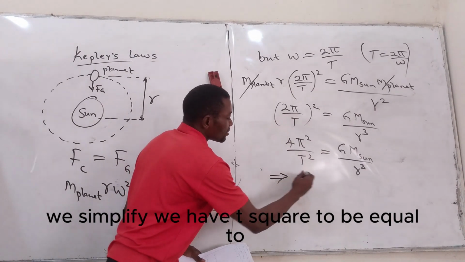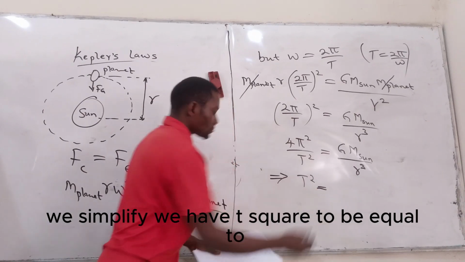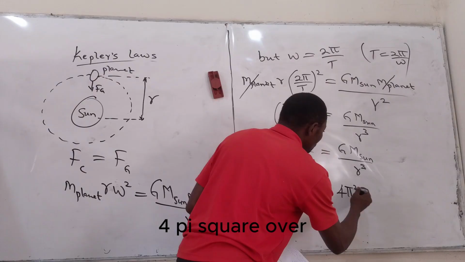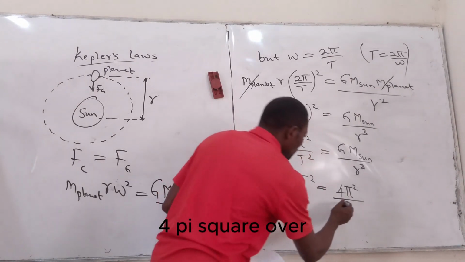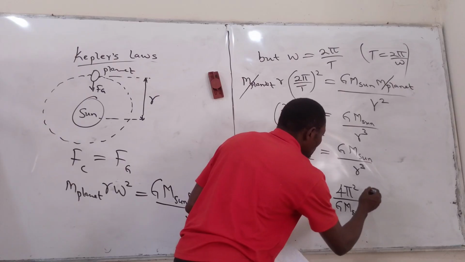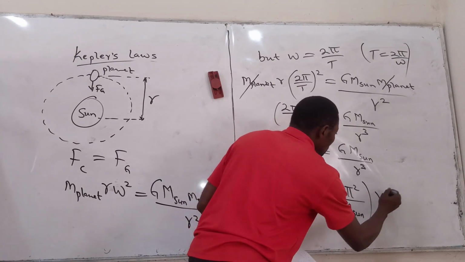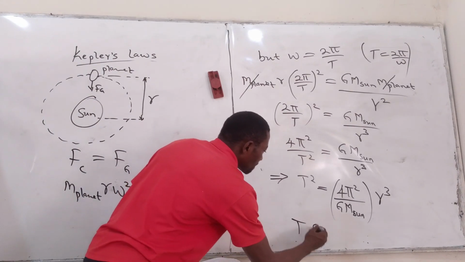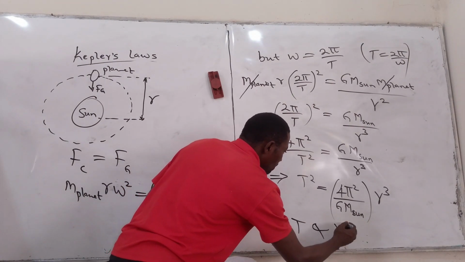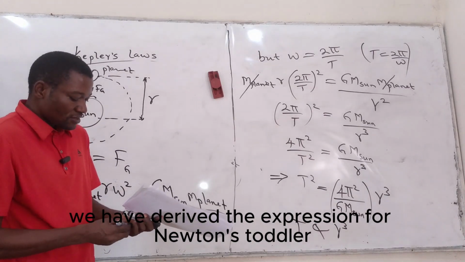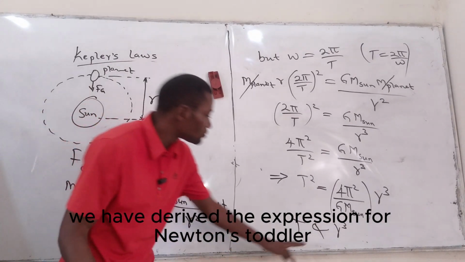We simplify, we have T squared will be equal to 4 pi squared over... So through this, we have derived the expression for Kepler's third law.